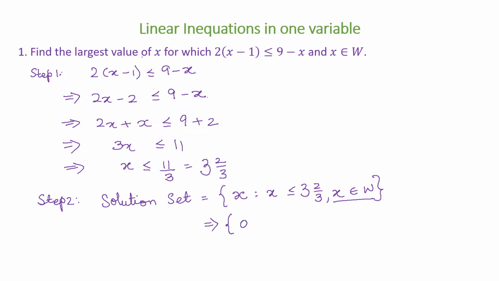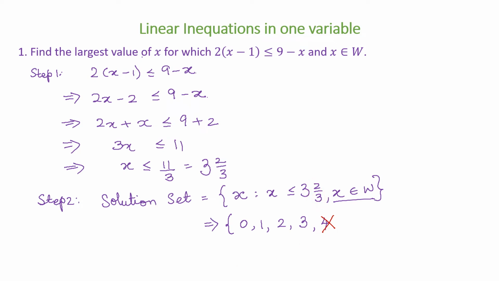because your set of whole numbers starts from 0, I'll write down 0, 1, 2, 3, and I will not write 4 over here, because you are saying that my x value is less than or equal to 3 2 by 3. That means it has to be less than 4.